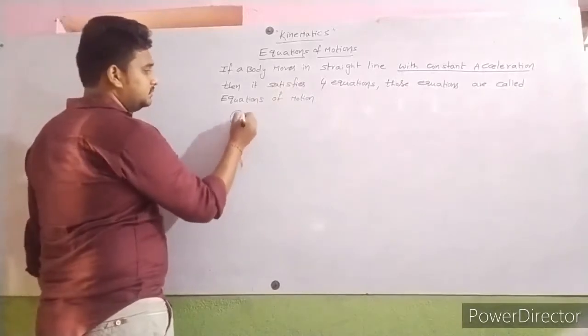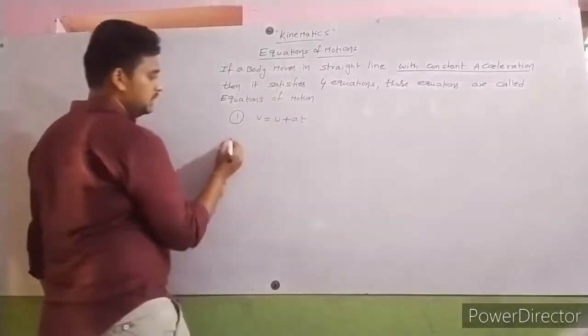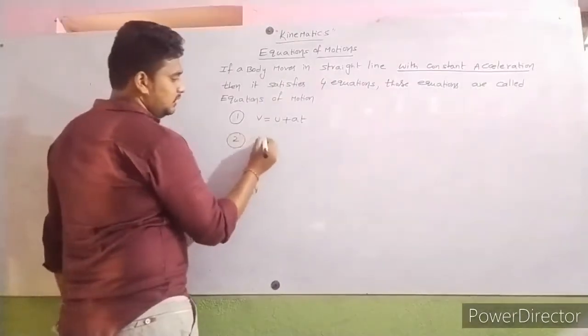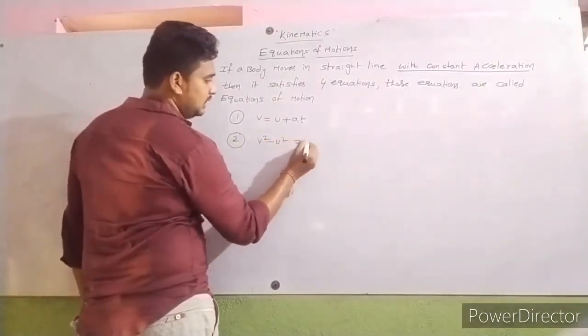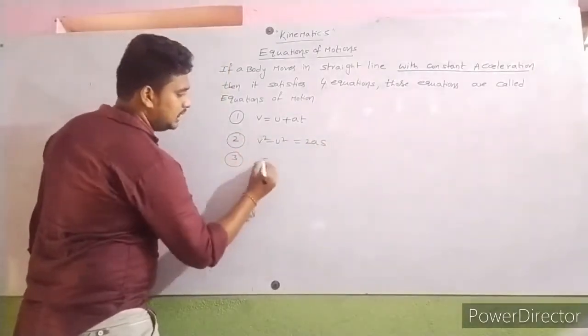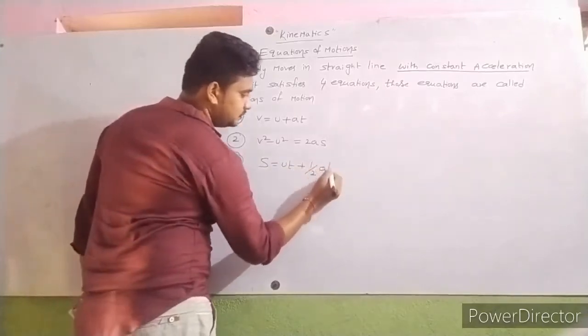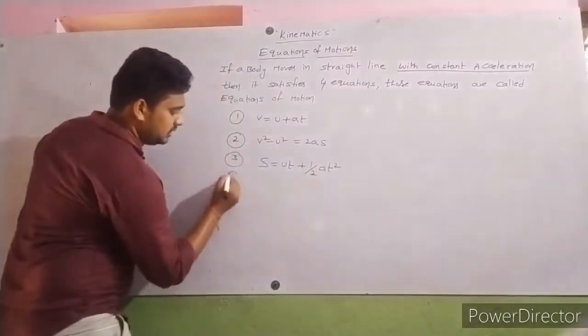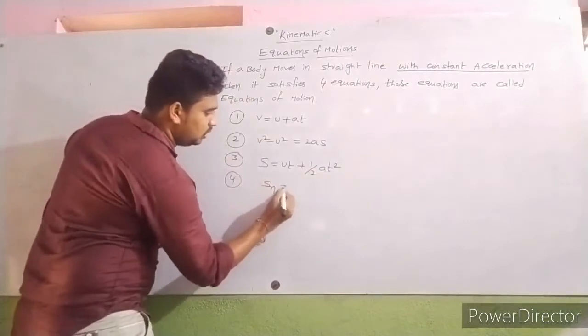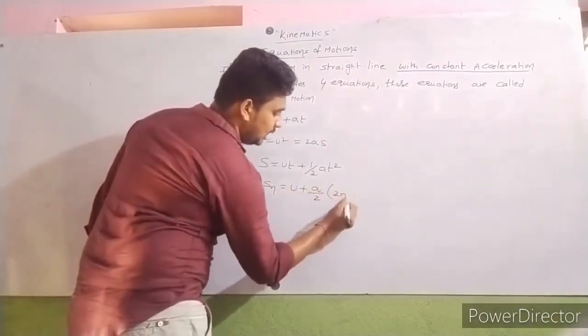First equation, v = u + at. Second equation, v² − u² = 2as. Third equation, s = ut + ½at². Fourth equation, Sn = u + (a/2)(2n − 1).